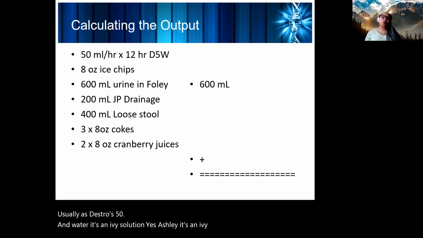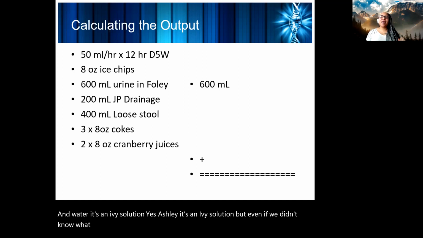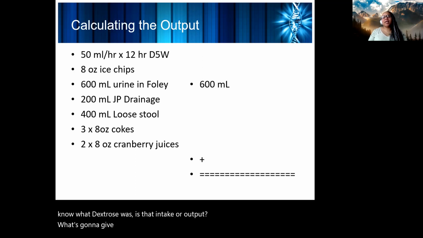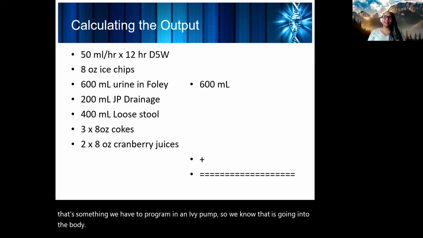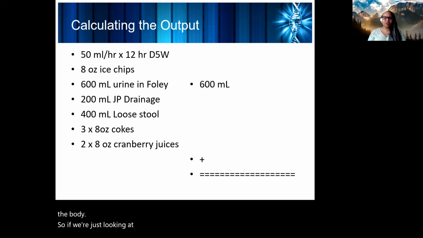But even if we didn't know what dextrose was, is that intake or output? What's going to give it away is if you see anything at milliliters per hour, usually that's something we have to program in an IV pump. So we know that that is going into the body. So if we're just looking at our output, we have 600 milliliters in the Foley catheter bag that is coming out of the body.